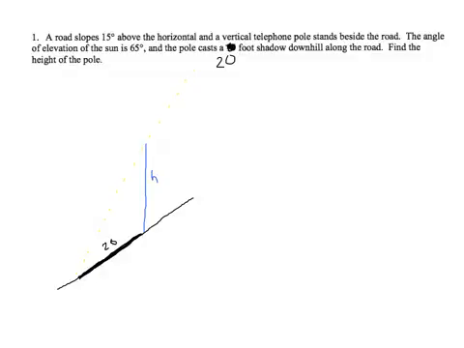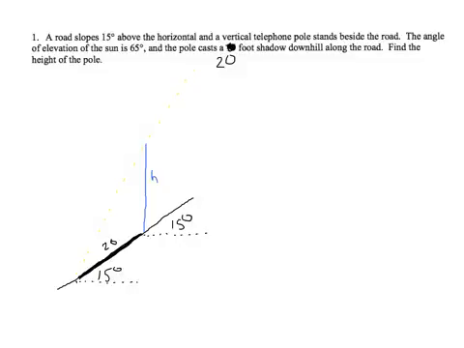I want to talk a little bit about that 15 degrees above the horizontal. That means that wherever I were to draw a horizontal line with the road, I'm going to be able to put 15 degrees in there. So there's 15 degrees. Right here would be 15 degrees. Okay, that can kind of help me come up with some other numbers. For example, the angle that is formed from the telephone pole to here has to be 90 degrees.